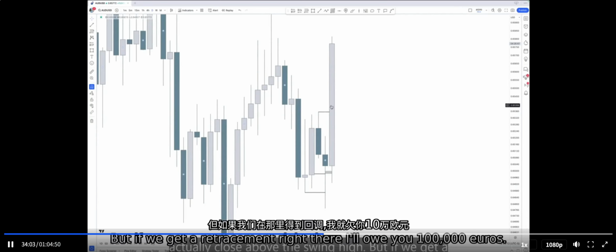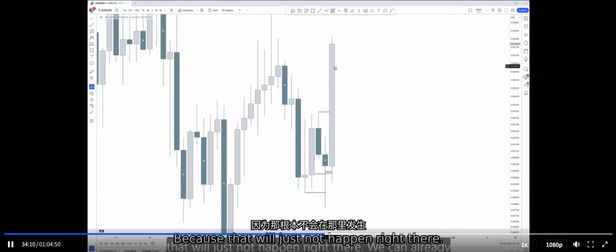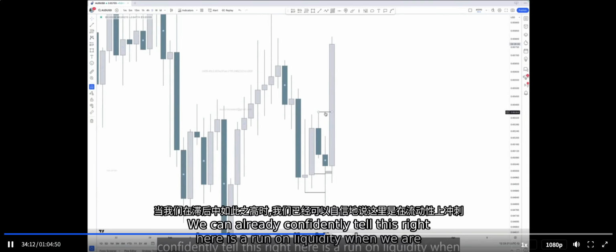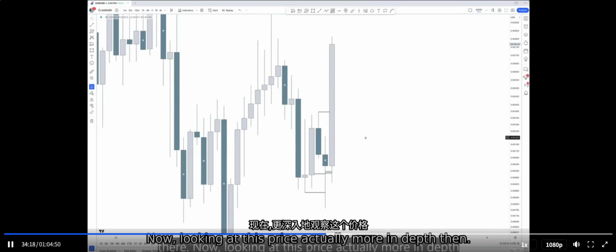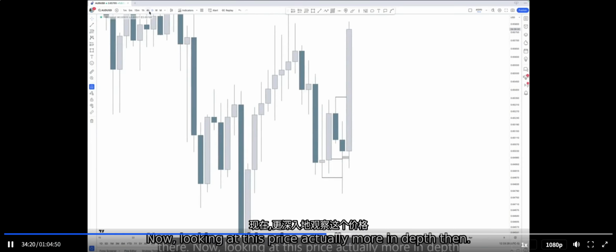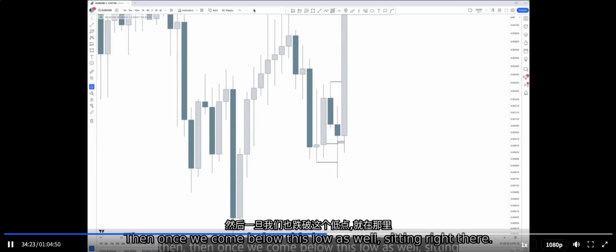Now we still have 4 hours to say we actually close above this swing high, but if we get a retracement right there, I'll owe you 100,000 euros because that will just not happen right there. We can already confidently tell that this right here is a run on liquidity when we are that high in the leg right there.